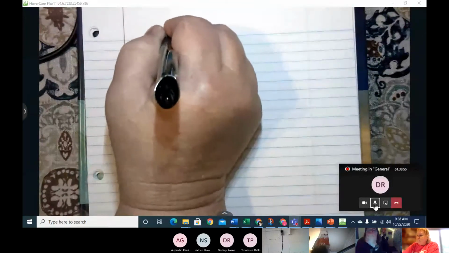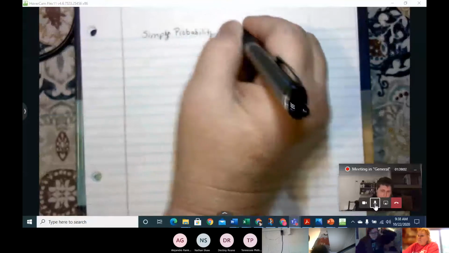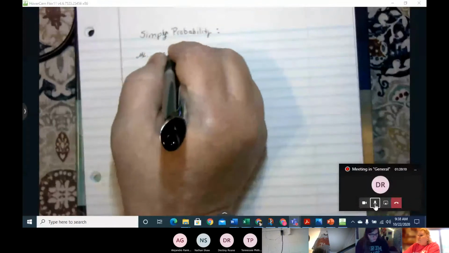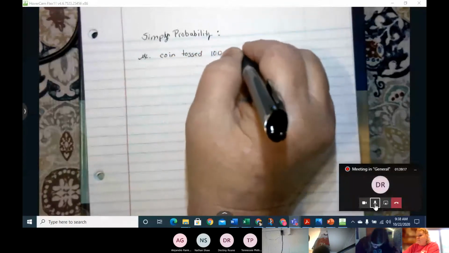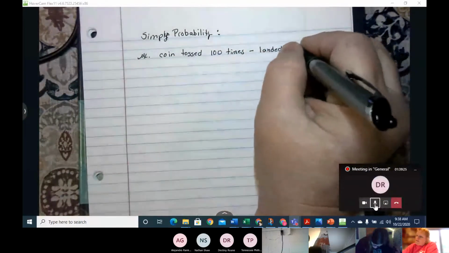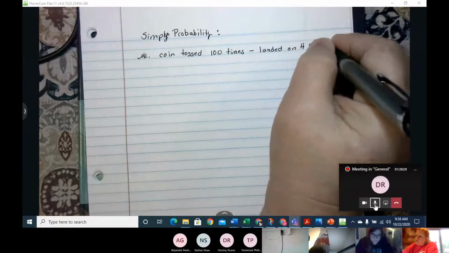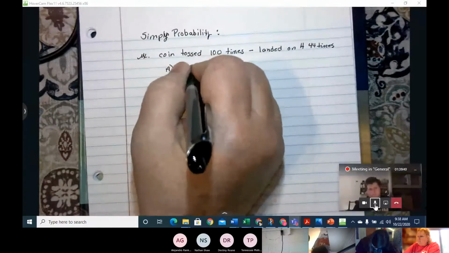If we were doing simple probability, for example, if we had a coin toss 100 times, and it landed on heads 44 times. Find the probability of heads.